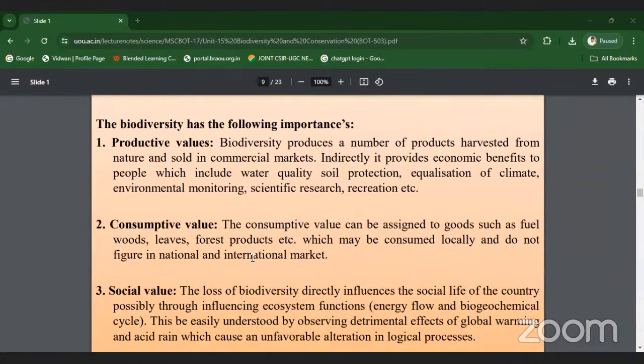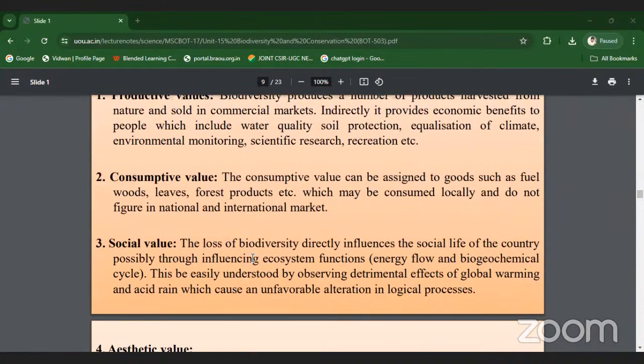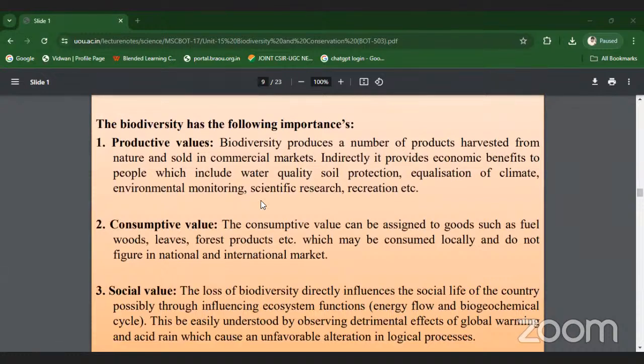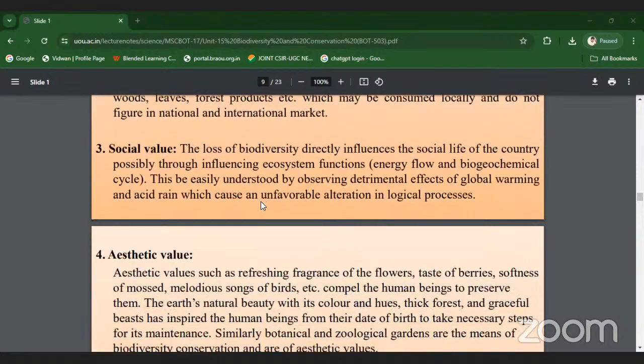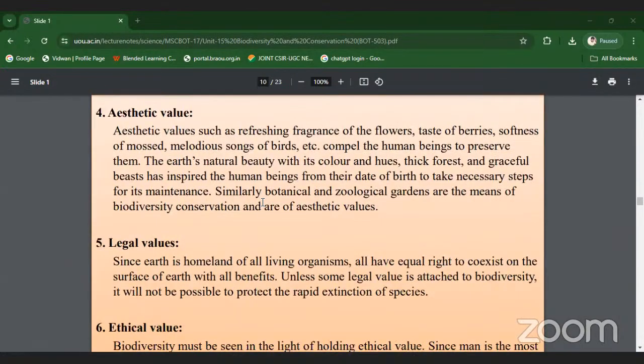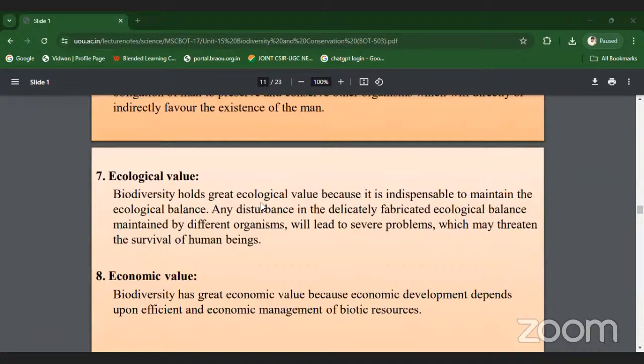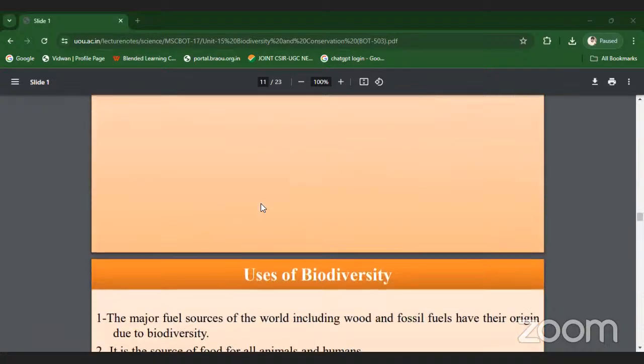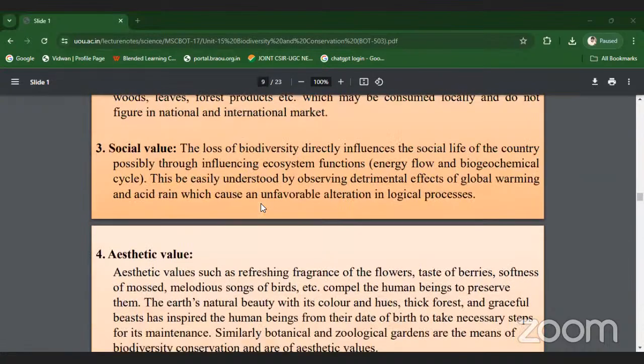Some of the importance or values: first, the productive value, consumptive value, social value, aesthetic value, legal value, ethical value, ecological value, economic value. These are the values or importance.